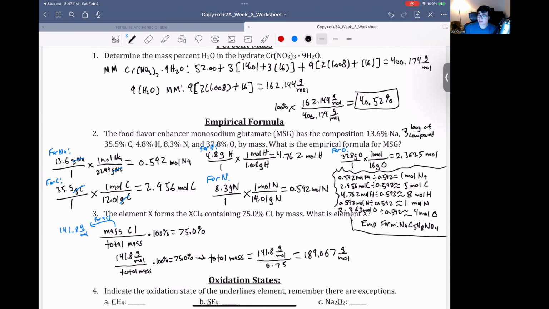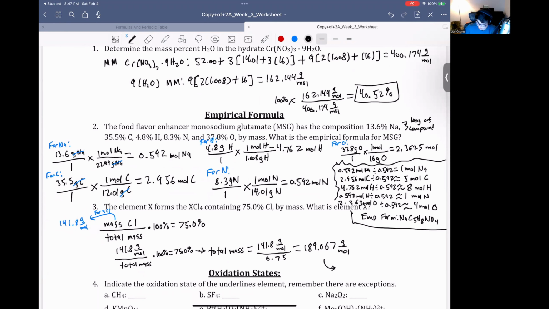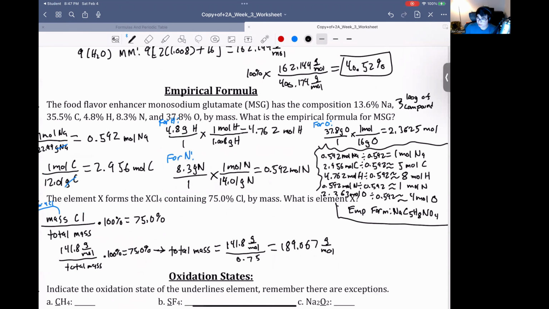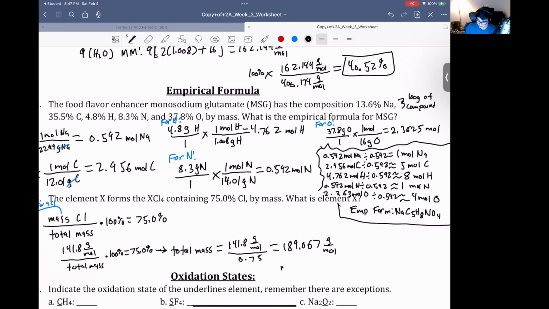Let me actually write a formula here in case it's helpful for anyone. The formula here is the mass of X plus mass of chlorine equals the total mass. So all I have to do is subtract chlorine mass from both sides.